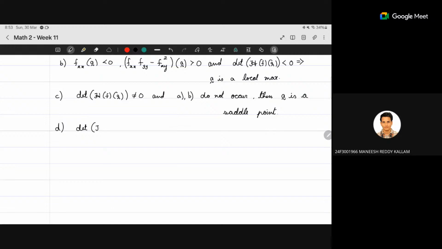So the only friendly looking one is this fourth condition, which is similar to the previous case, where if the determinant is 0, then the test is inconclusive.